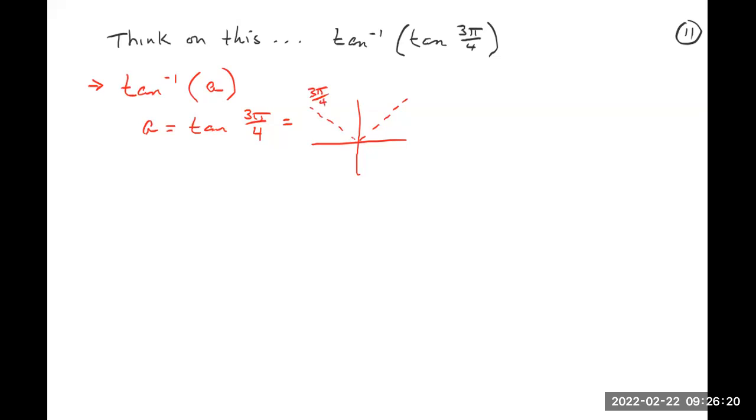So 3 pi over 4, we know that the denominator 4 has the same two numbers, cosine and sine, square roots of 2 over 2, square roots of 2 over 2. But in quadrant 2, it's a negative cosine and a positive sine. So tangent is -1 over here.